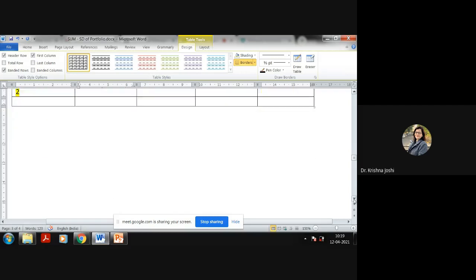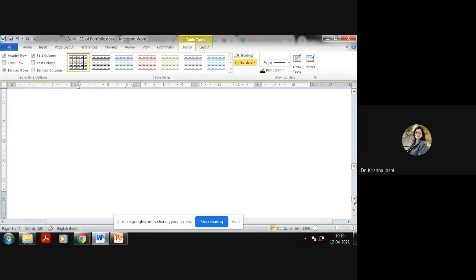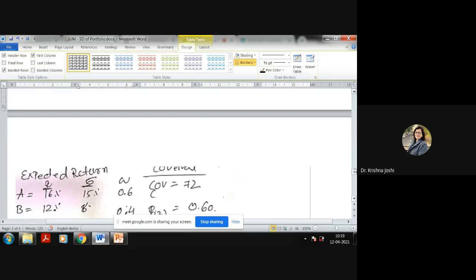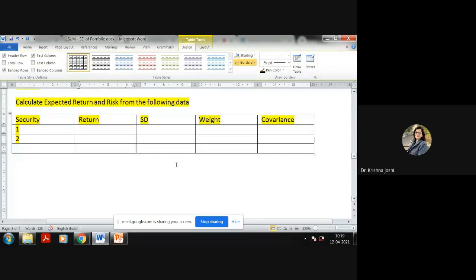Return is 16, 12, 15, 8. This is in percentage.